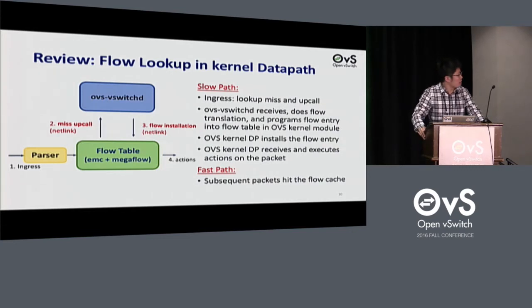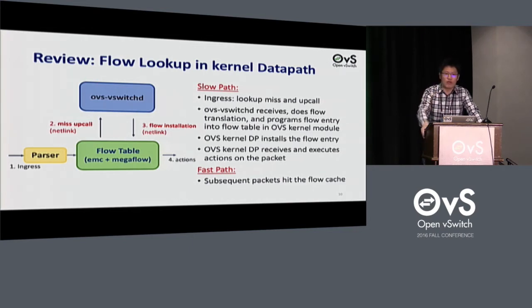This is again a review of how OVS currently handles flow lookup in the Linux kernel data path. A packet first comes into the parser, and then we extract the flow key and do a flow table lookup. This is in the Linux kernel. The first packet will miss the table lookup, and it will miss upcall. The upcall will take this packet to the user space OVS vswitchd. We do this through the netlink interface. Then ovs-vswitchd will do all the flow translation.